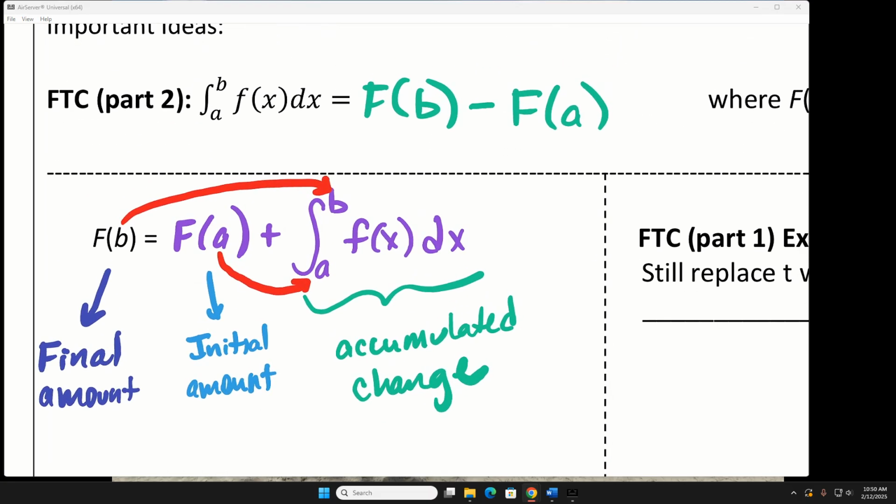Sorry, on the initial amount, could we also subtract the accumulated amount from that? Yes. And that's kind of what you end up doing. You'll be given a value, and sometimes it's after the final amount. So sometimes you kind of work backwards. It all works out. But this is how you set it up. Just make sure whatever is here is your lower limit, whatever's here is your upper.